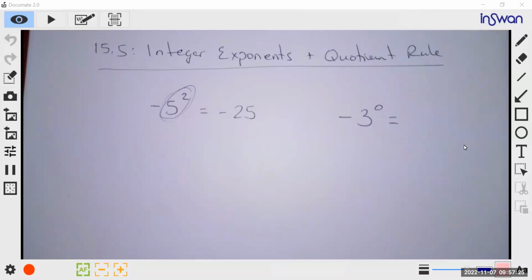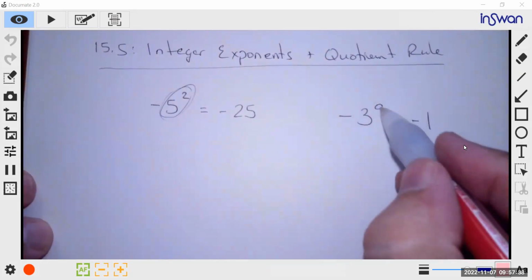What's anything to the 0 power? Is 1. So what's the answer here? Where's the exponent touching?